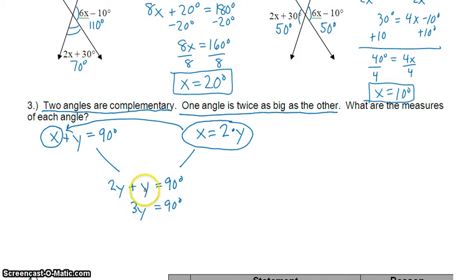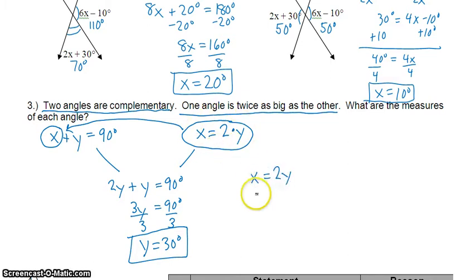I can combine my like terms. Divide by 3, divide by 3. Y equals 30 degrees. Well, I need to find the measure of each angle, so I need to figure out how big x is. If y is 30 degrees, I can use this equation to solve for x.